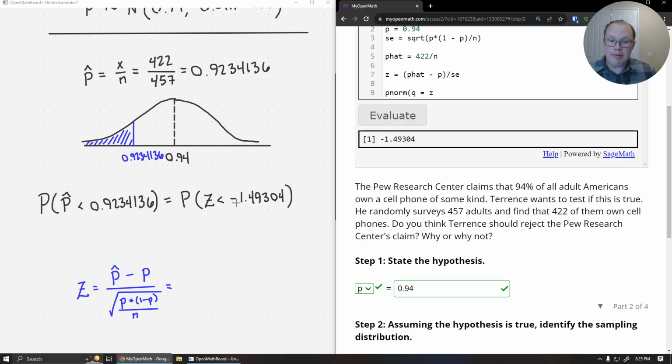So you could either type out negative 1.49304, or if you're like me, you could plug in just z if you've stored that z-score in variable z, if that's what you've named your z-score. Evaluate. The probability is 0.06771331. Okay.